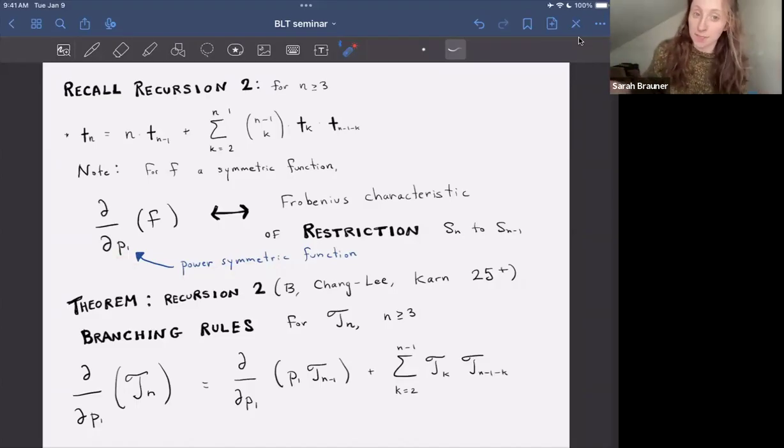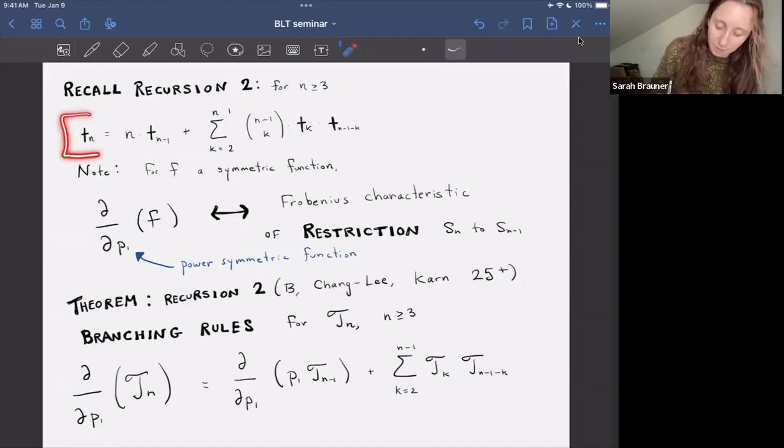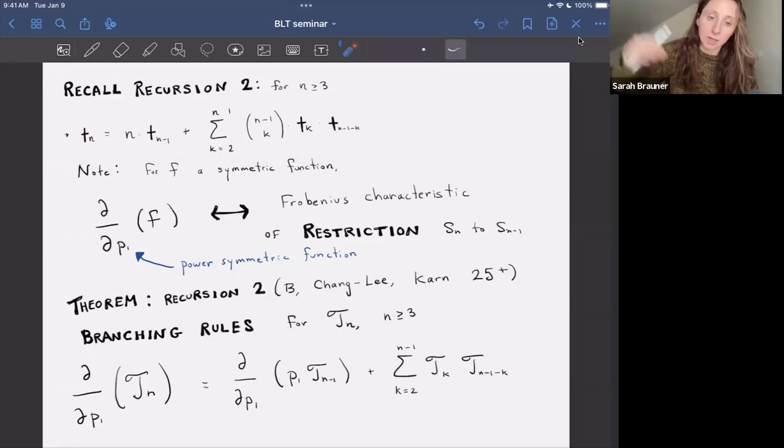And this has a representation theoretic meaning. The meaning is looking at the restriction from Sn to Sn minus 1. And so what we proved is that the equivariant lift of the second recursion is actually telling us branching rules about the restriction from this representation of Sn to Sn minus 1.